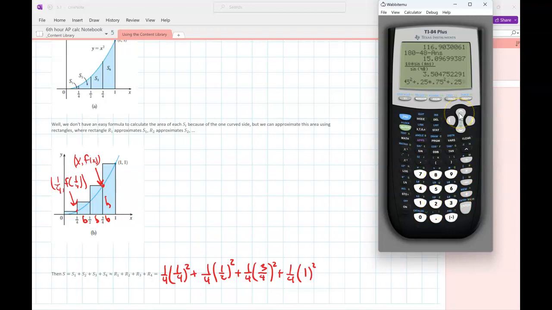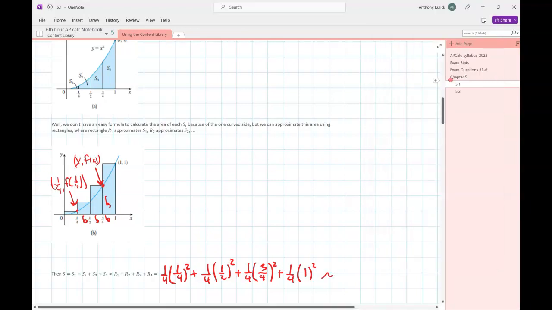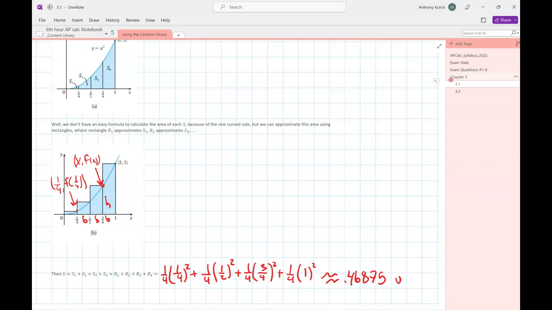I'm not going to bother putting the times 1 squared here on the last one because it's not really going to do anything. So I have 46,875 is my approximation. Everybody's okay with that? So that's an approximation for the area of S.